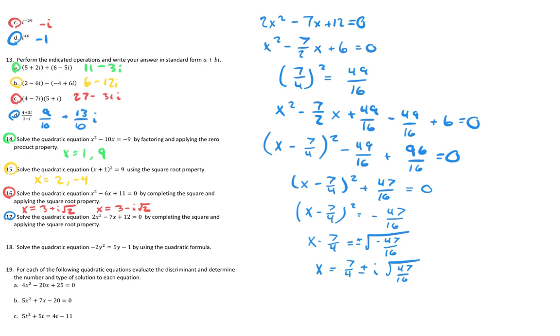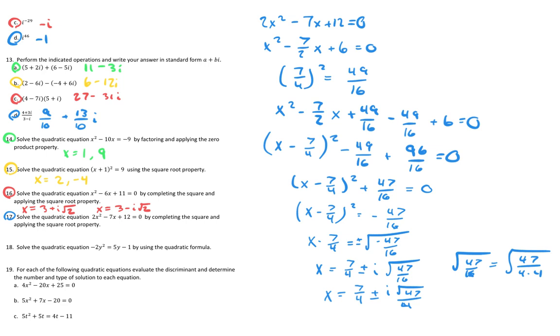And we can technically do a little bit of simplifying here because 16 is a perfect square. We could say that square root 47 over 16 is the same thing as square root 47 over 4 times 4. So we can factor out a 1/4 basically. If we do that, we get x equals 7 over 4 plus or minus i square root 47 over 4.